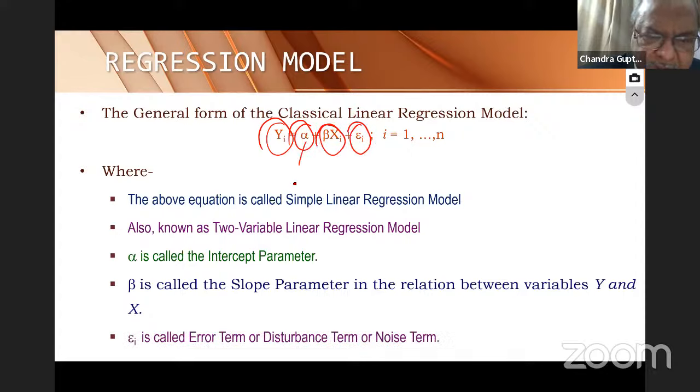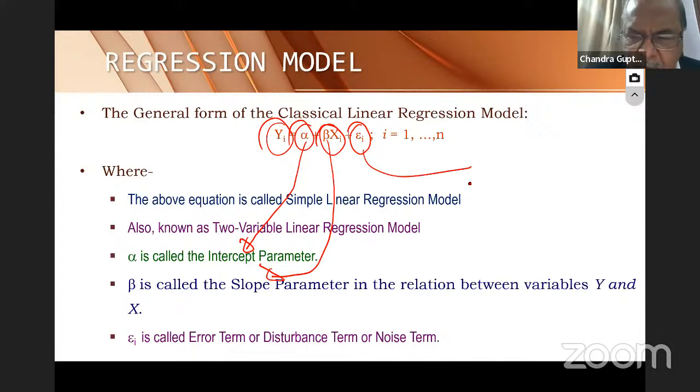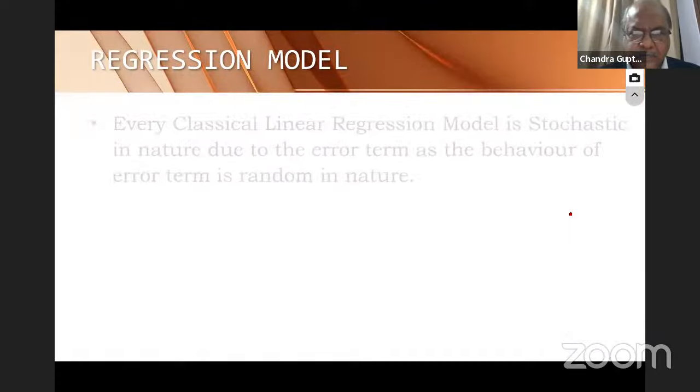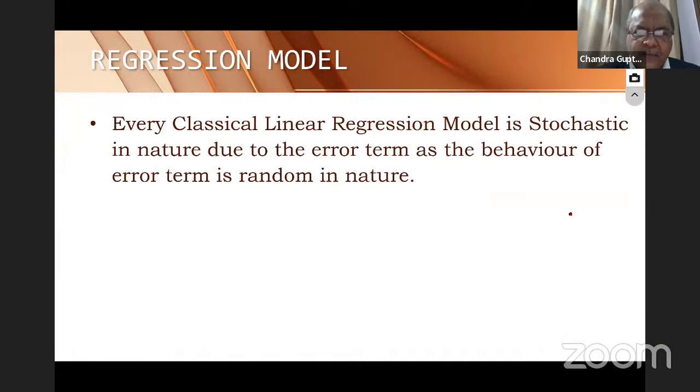Alpha is my intercept parameter, beta is my slope parameter, and this is your error term, which is also called disturbance term or also known as noise term.